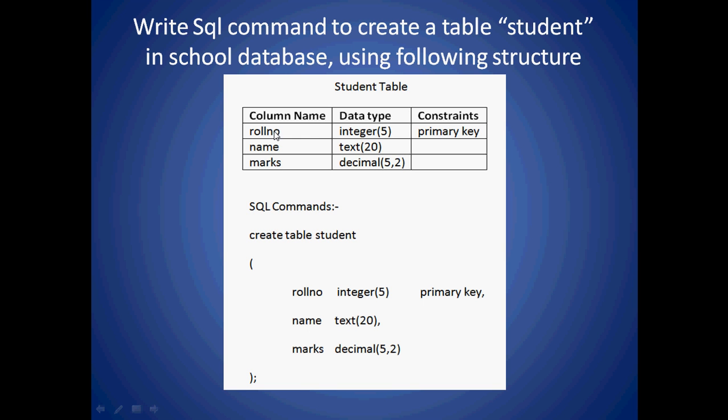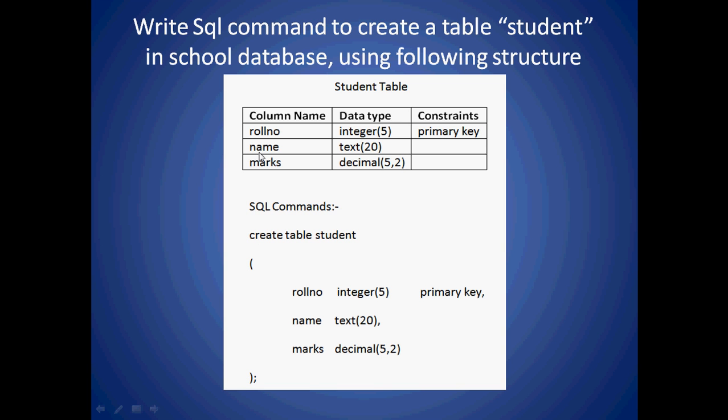In roll number we must input numbers, so here I am using integer. The maximum size for one student we can use is 5 digits. Okay, but roll number must be unique, we cannot repeat it two times, so we must use primary key. Primary key means to insert a particular value uniquely. Okay, this is our rule, because roll number is our primary key.